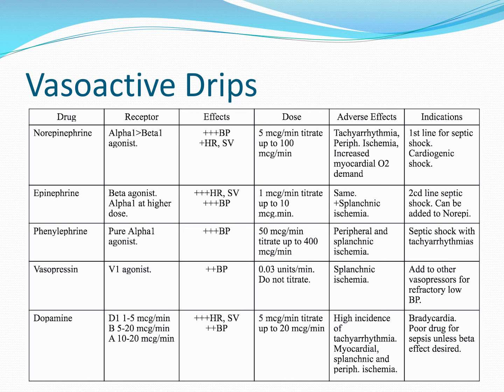It does help with the BP, but it can cause a lot of myocardial, coronary vasoconstriction, which will cause issues with how well the heart is perfusing. So we usually use it once my BP is still really low, and I have other vasopressors working, but I just need a little bit more support. This is for the dead and dying patients. So then we're going to throw vasopressin on there.